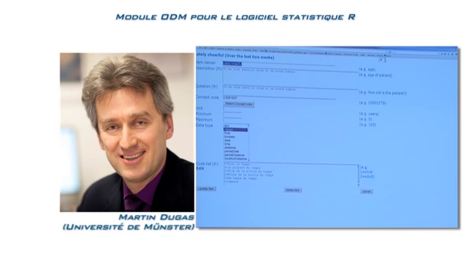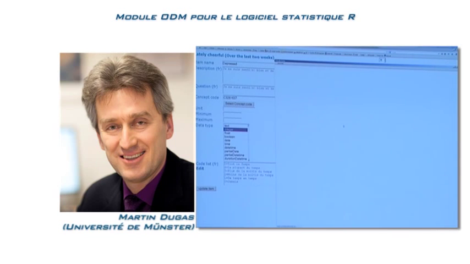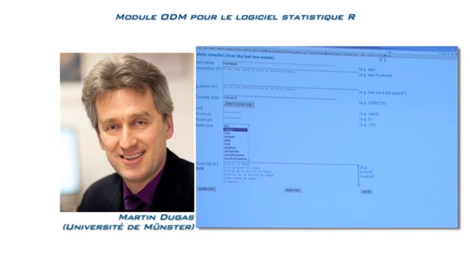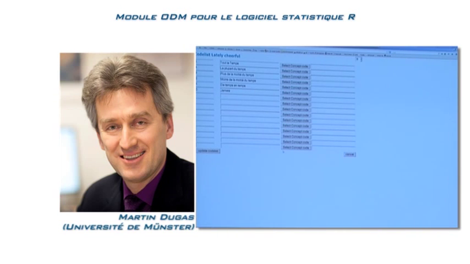So for instance, if this item would be depressed, then you say here select concept code, and then you could select here the code for depressed mood. You also can look into the details of this code list.